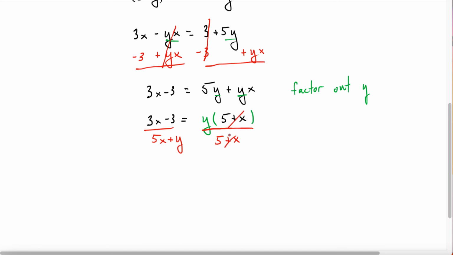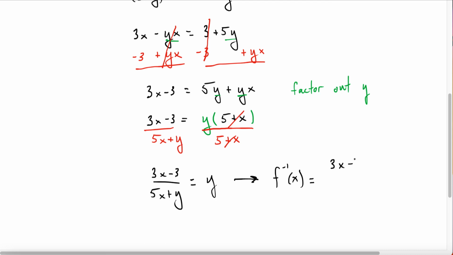You can see those terms are going to cancel, and so we are left with 3x minus 3 over 5 plus x, and that's equal to y. And then we'll rewrite that using our inverse notation, so we can say that the inverse of f of x is equal to 3x minus 3 over 5 plus x.